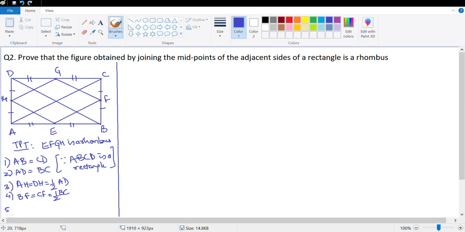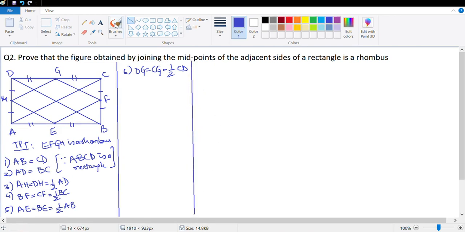Number 5 would be AE is equal to DE is equal to half of AB. Number 6, DG is equal to CG is equal to half of CD. I'm just writing the information that is known to us, and this will help us move on from here. The reason for all of this is given, right? So all of this is given.